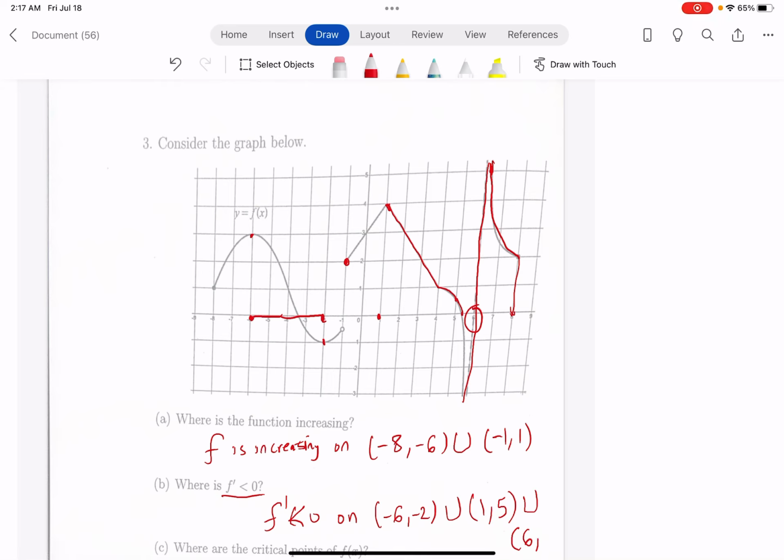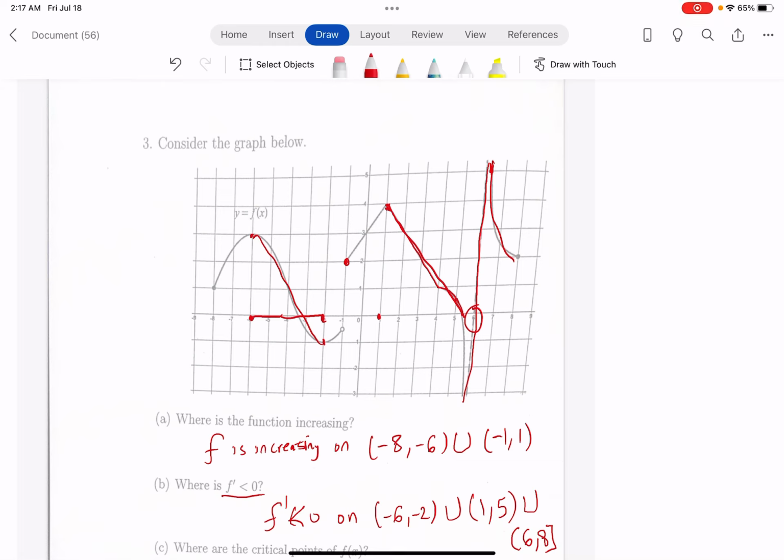Point 8 is not going to be a parenthesis but something like this, to account for the endpoint here. So f dash is less than 0, which means it is decreasing here, here, and here. Okay, that is one part.